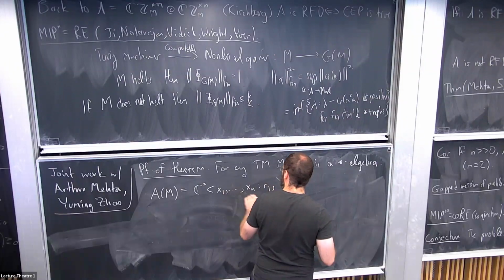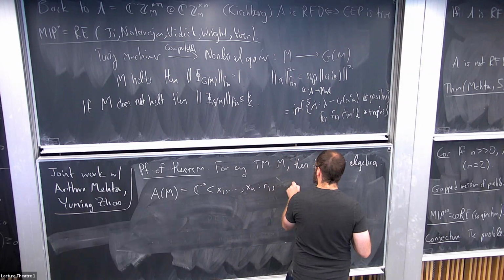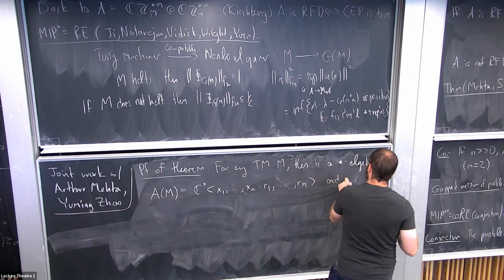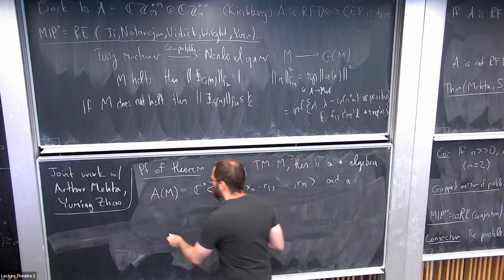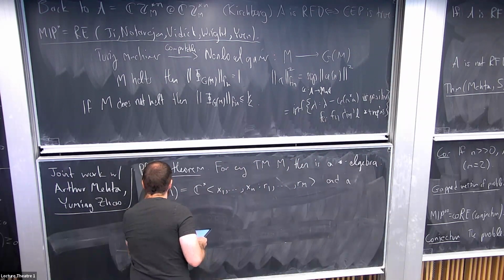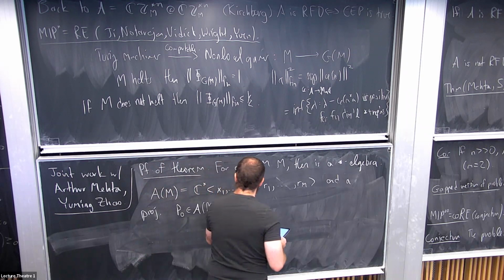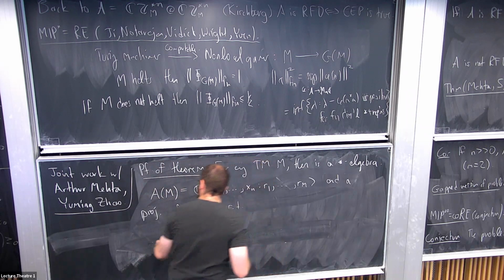So it's got a finite number of generators and a finite number of relations. And a projection, let's call it P0 in A of M, such that two things are true.